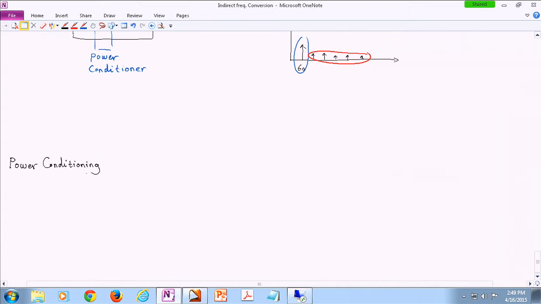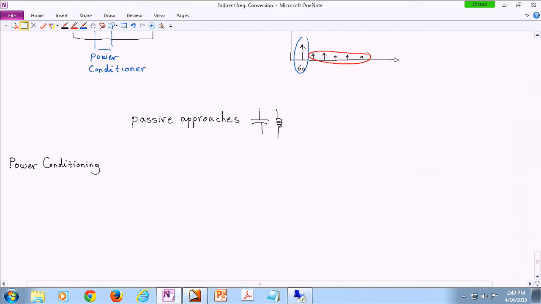Before power electronics was maybe cheap or reliable, they relied on passive approaches. Passive approaches mean that you put a filter, basically.